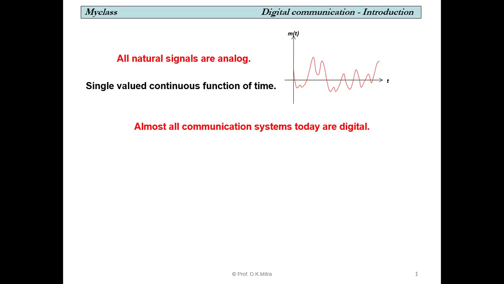Why? Actually, the revolution of communication engineering started sometime during the First World War. Then after the Second World War, it was further revolutionized. And then everything became digital. Why do we go for digital? In digital communication, there is a transmitter and there is a receiver.